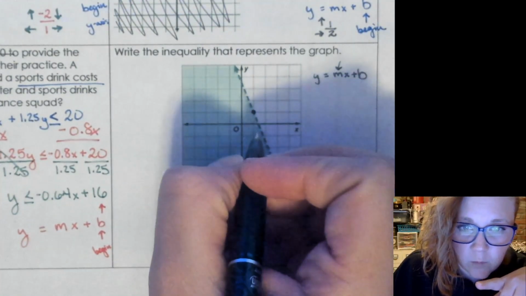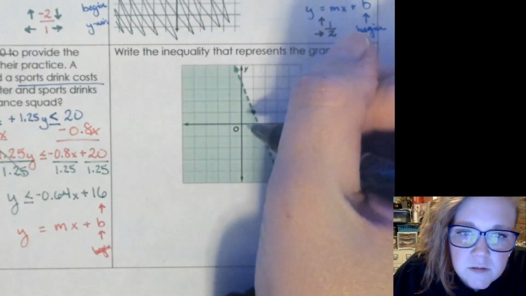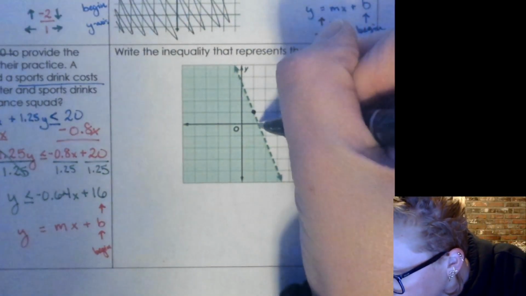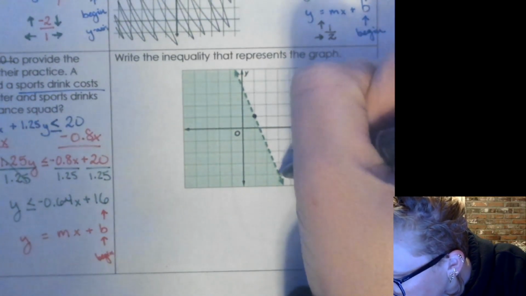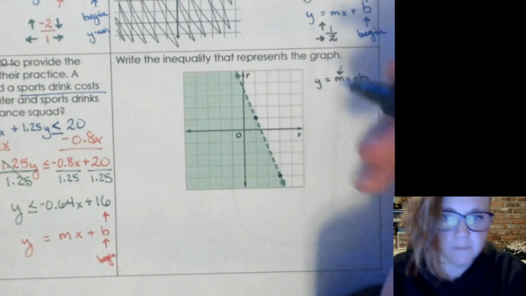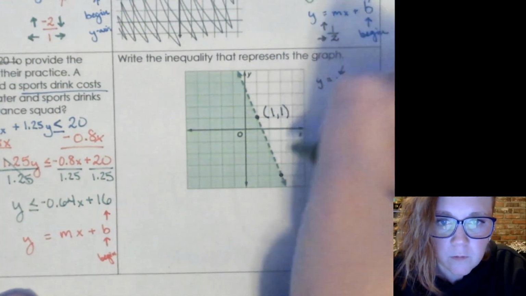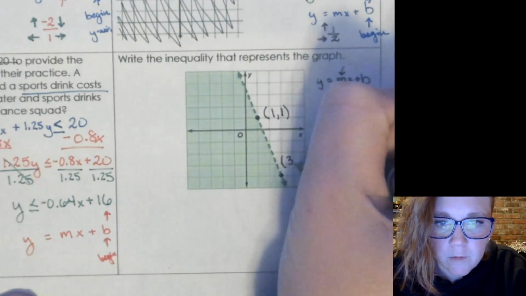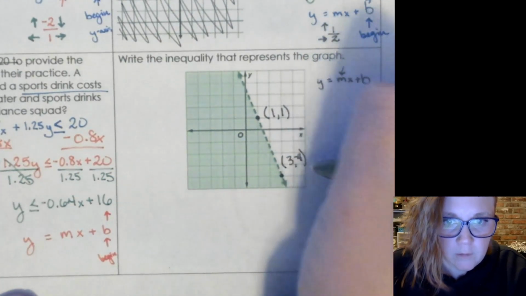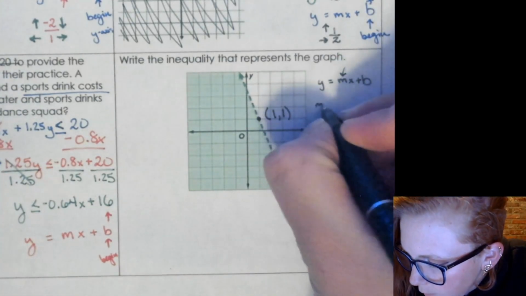So we can use like 1, 1, and then another one is like 3, -4. That's enough. So let's do our slope here.